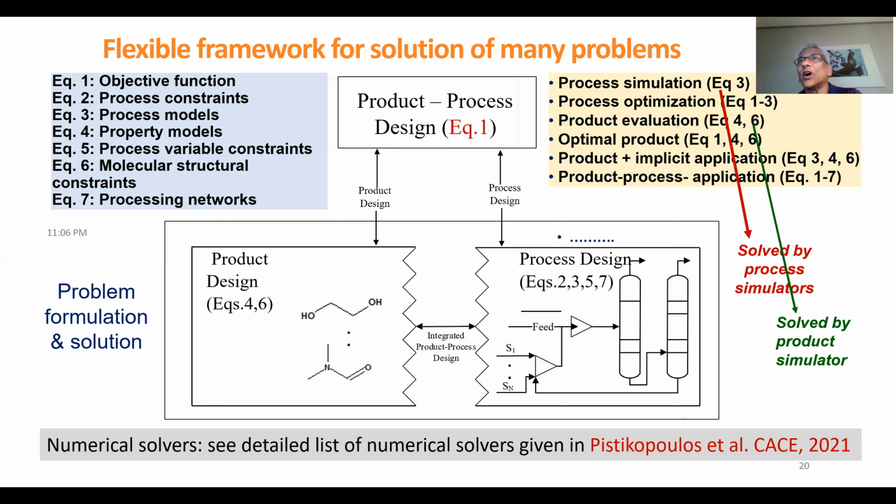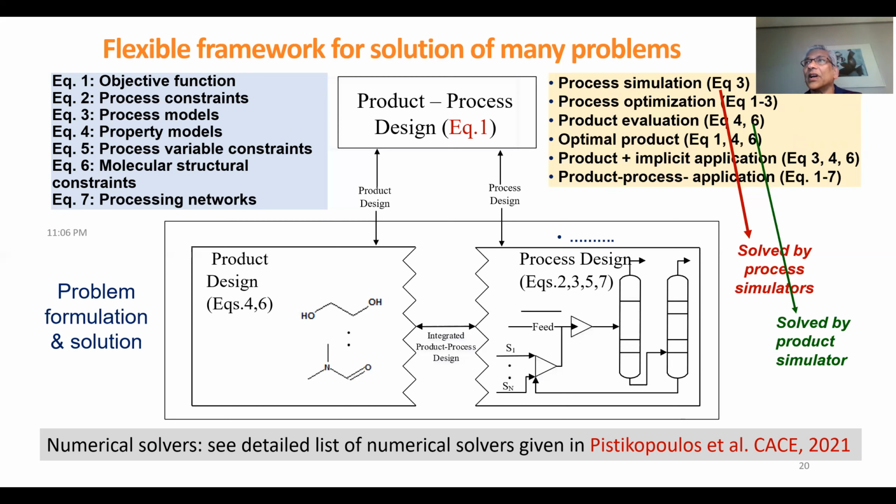If we want to do the optimal product, we add the objective function 1, 4, and 6. If we want to do product, but not detailed process, implicit process, so in this case, we have the product property models, and we have simple models for the process. That would be equations 3, 4, and 6.